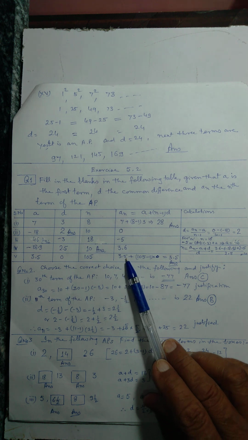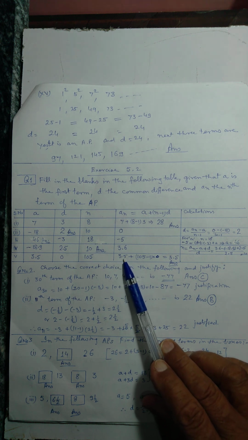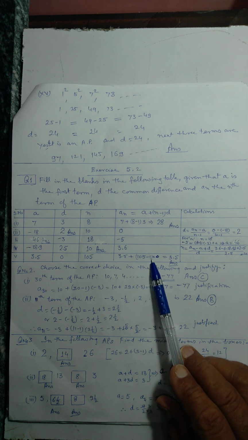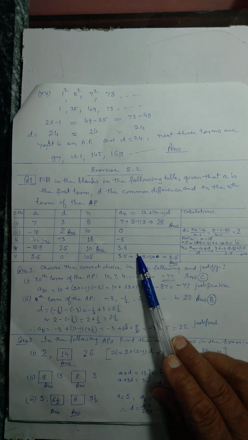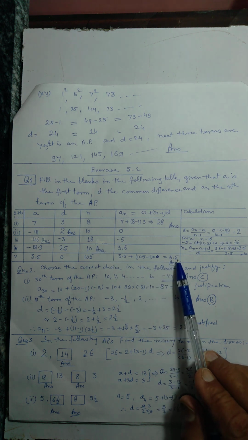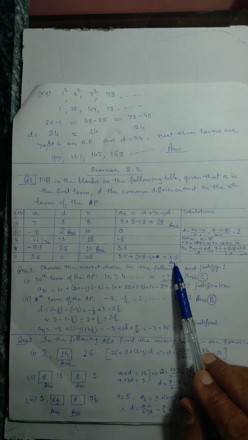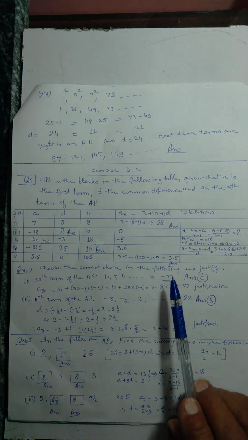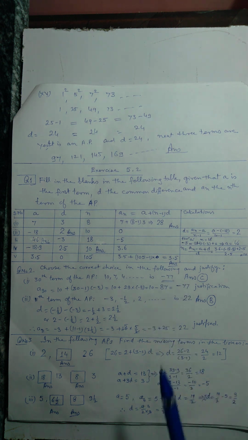The nth term means the first term, that is 3.5, plus 105 minus 1 into 0. So this complete portion will become 0. We are left with 3.5, and this will be the answer for the fifth part of question number 1, exercise 5.2. Now come to question number 2 of exercise 5.2.